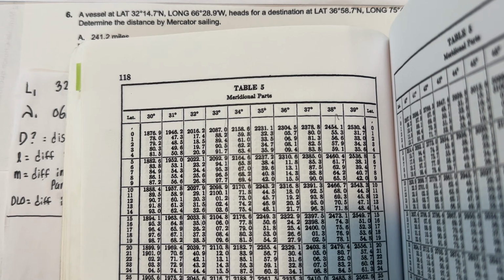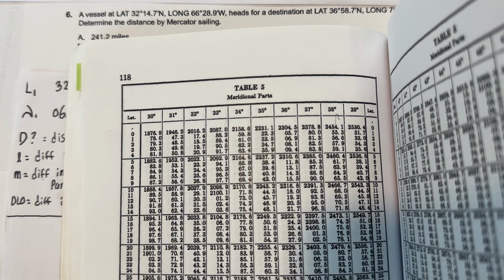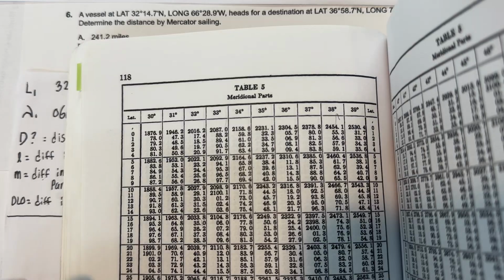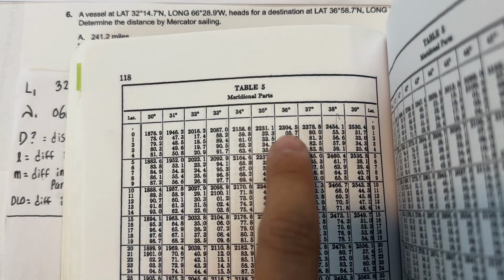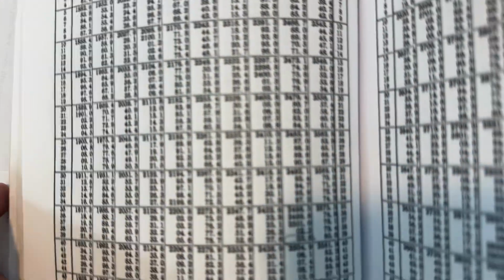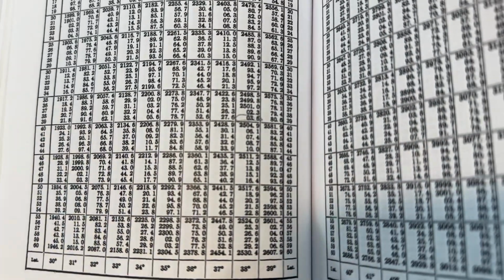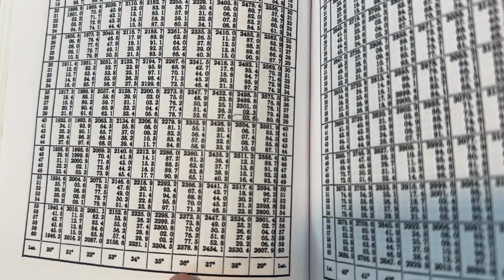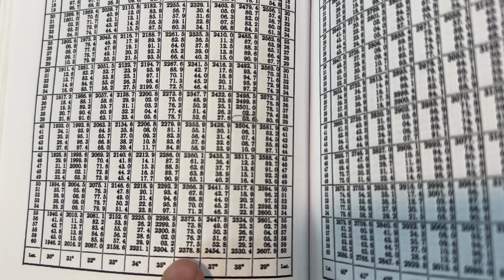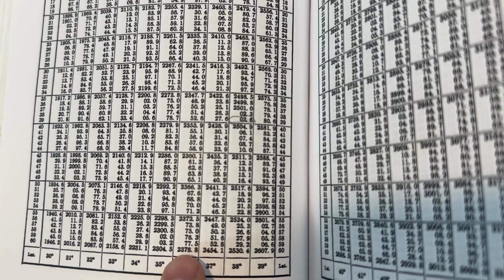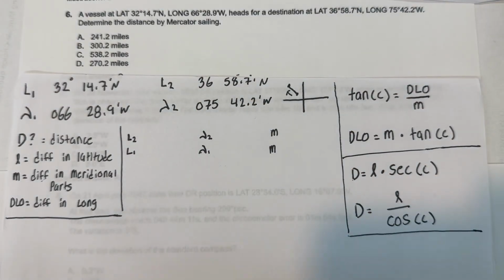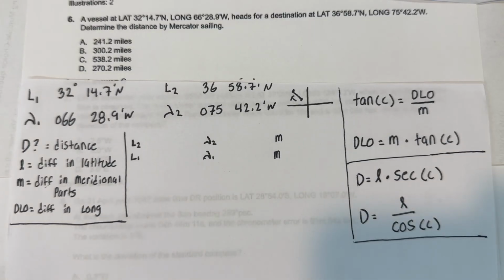We have 32°15', so 2033.8, and we also have our other latitude, which is 36°58.7', so down to 36°59' is going to be 2,377.5. I'll write that down.